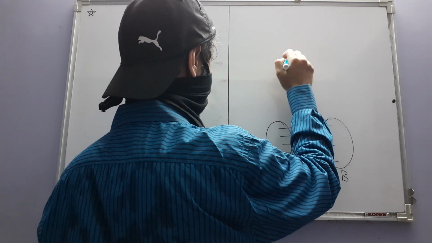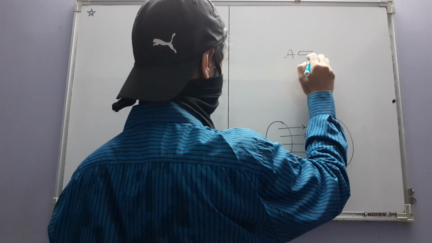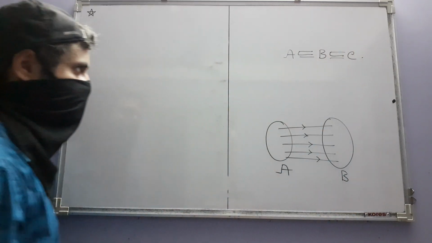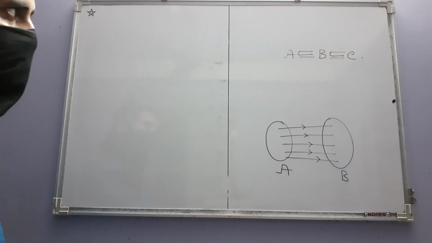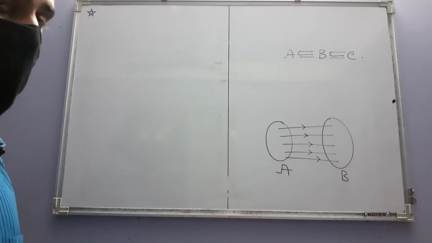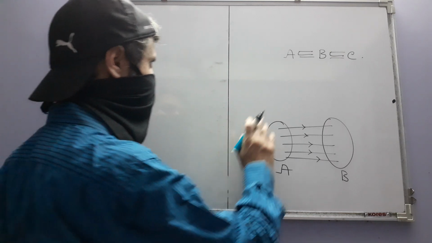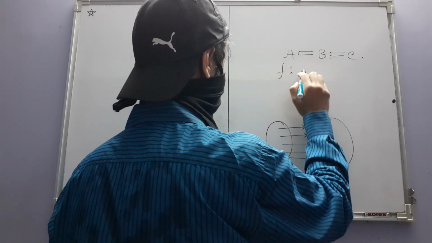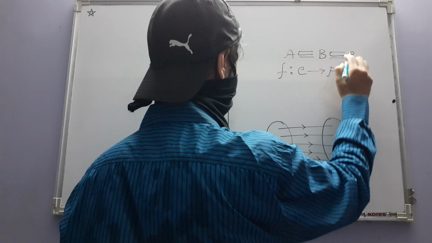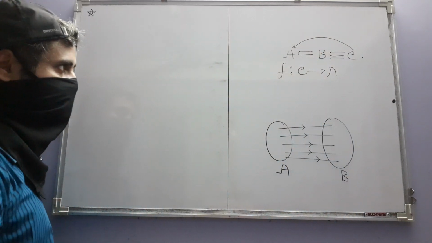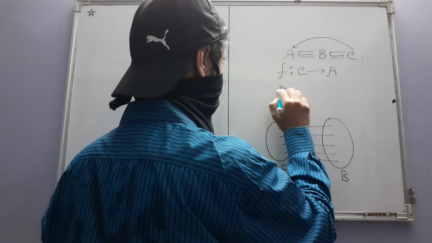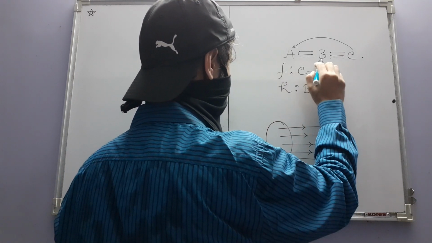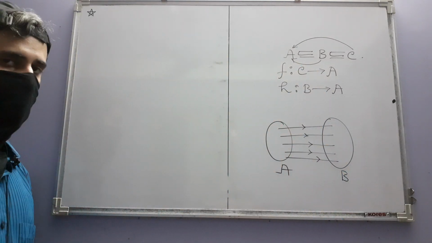Say we have three sets related to one another like this, A, B and C. C contains A and C contains B and B contains A as subsets, and there exists a bijective function from C into A. Then there exists a bijective function from B into A. That's what the previous exercise says.